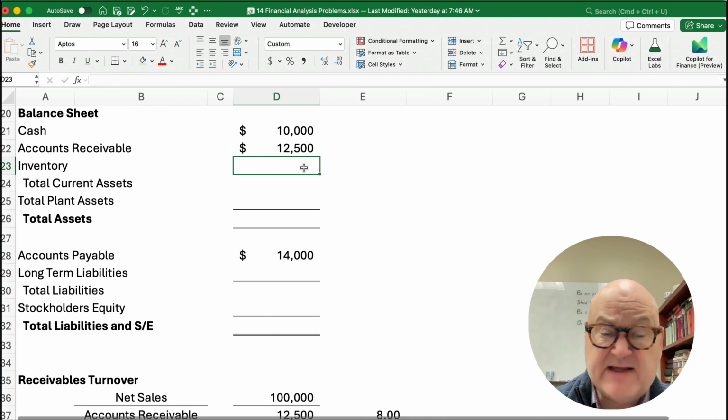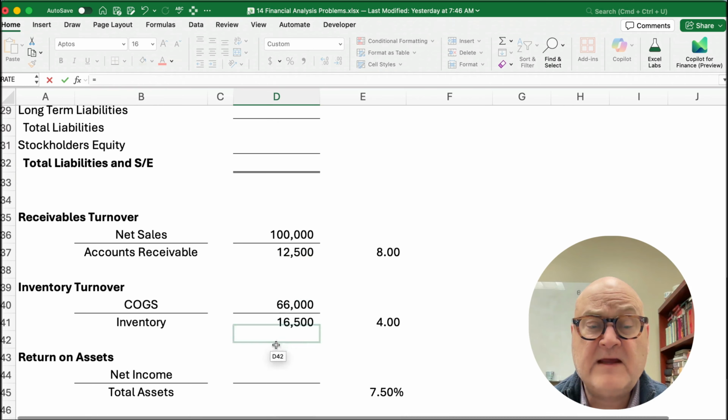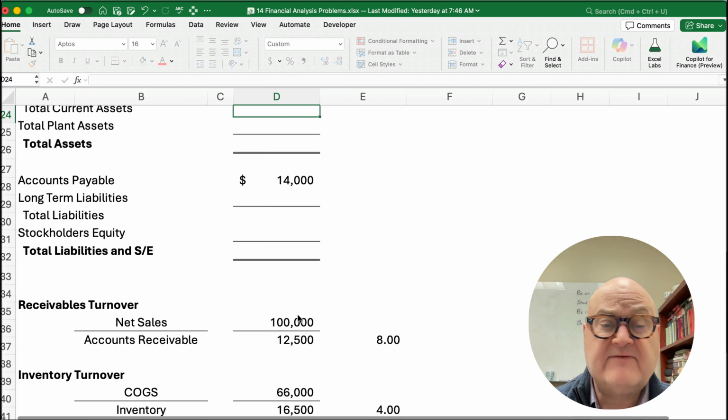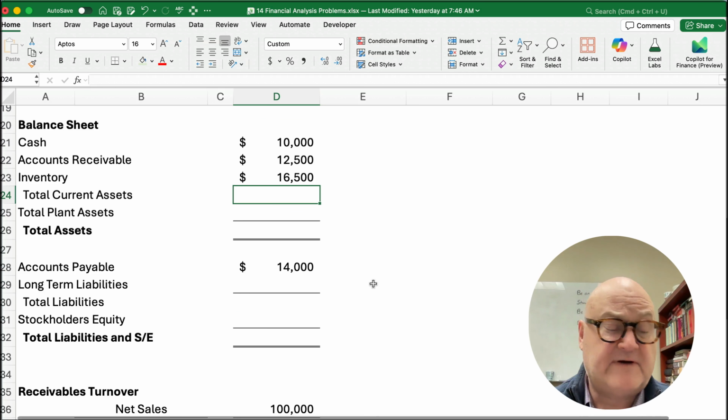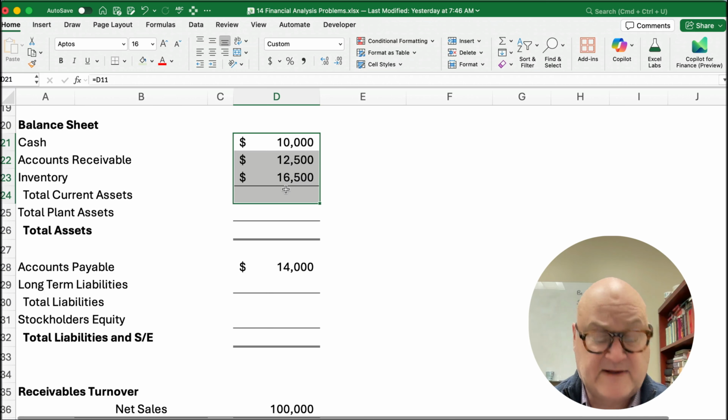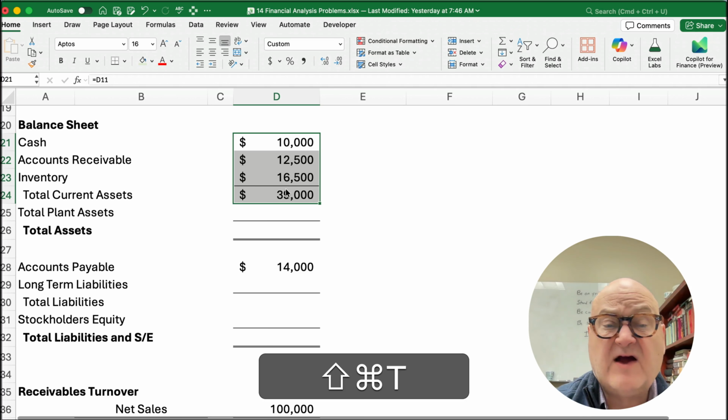I'm going to plug that in. Our inventory is 16,500 because we have done the algebra on it. Therefore our total current assets are going to be $39,000.